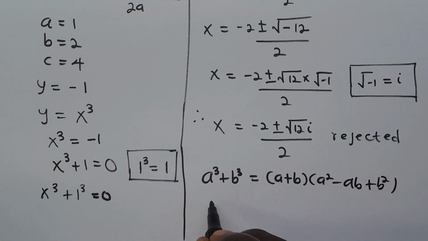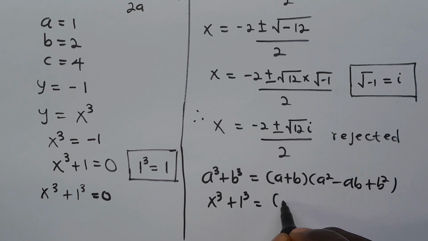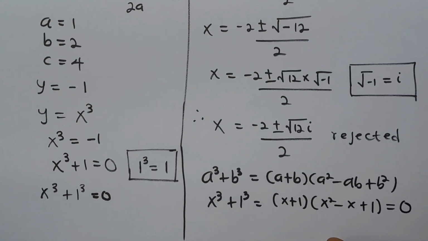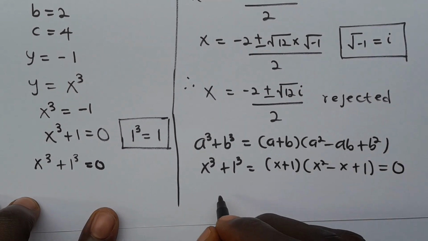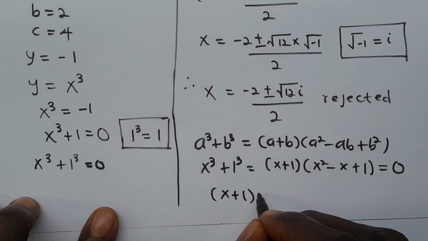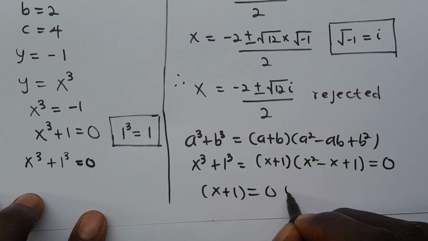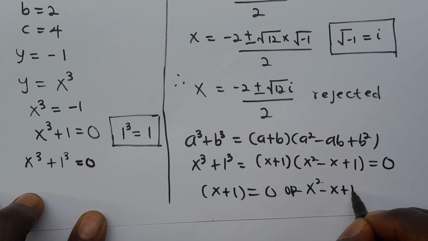Now from here, x cube plus 1 cube will be equals x plus 1, then x squared minus x plus 1 equals 0. Solving this, we have either x plus 1 equals 0 or x squared minus x plus 1 equals 0.